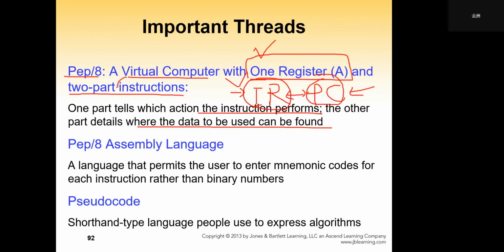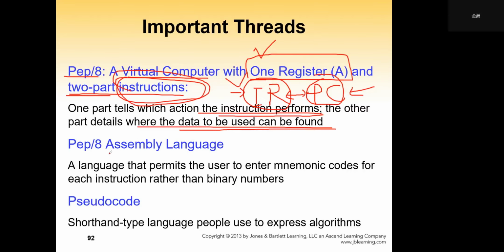And then we introduced details about the instructions, right? Each instruction in Pep/8 includes two parts. The first part is the instruction specification, and the second part is the data specification. And we introduced two addressing modes, the immediate addressing mode and direct addressing mode, to specify whether the operand is the address or the operand itself.